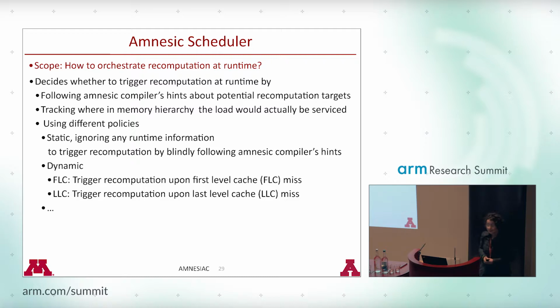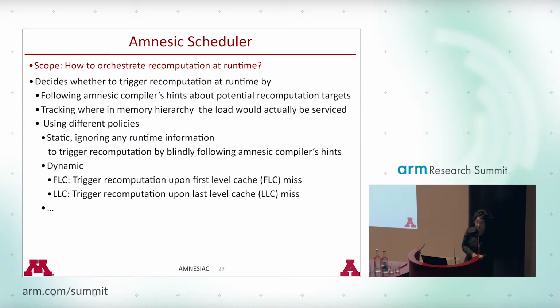To this end, the Amnesic Scheduler can use different policies, such as a static policy, which ignores all sorts of runtime information, to trigger recomputation by blindly following Amnesic compiler hints. So any load which is identified by the Amnesic compiler as a potential candidate would be blindly replaced by the corresponding recomputing slice in this case.